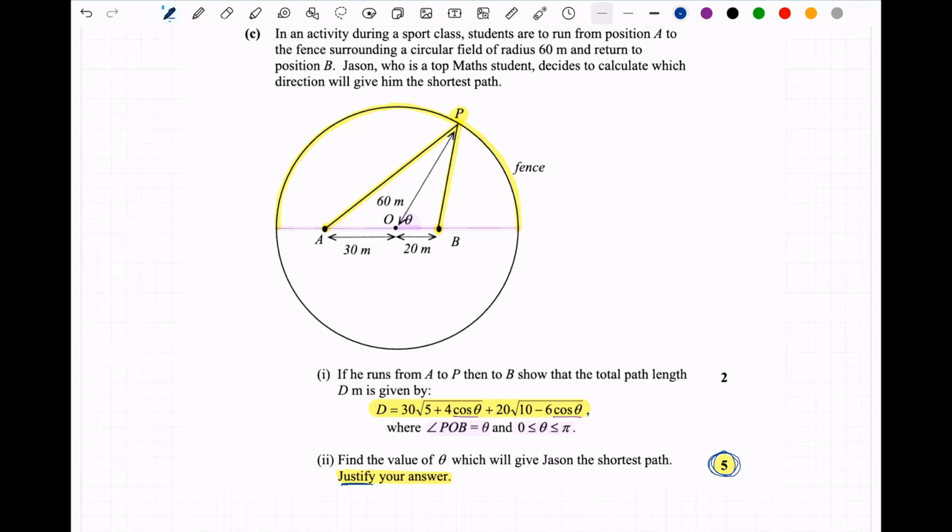So it is interesting, the intuition does turn out to be right, but the only problem with that intuition is just because theta equals pi minimizes the cosine, it doesn't necessarily mean it minimizes the whole expression, because notice we've got a plus 4 cos theta and a minus 6 cos theta, and you really need to think about how that's all interacting, because what if the minimum of the cosine becomes the maximum of this curve? It doesn't in this case, but it could.